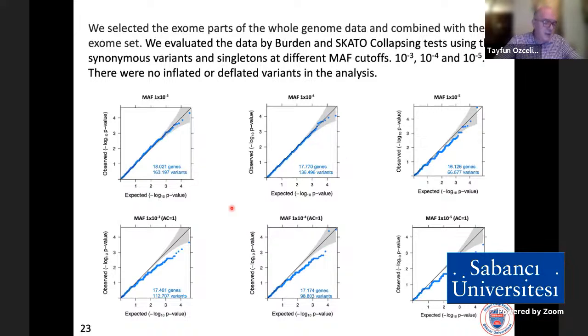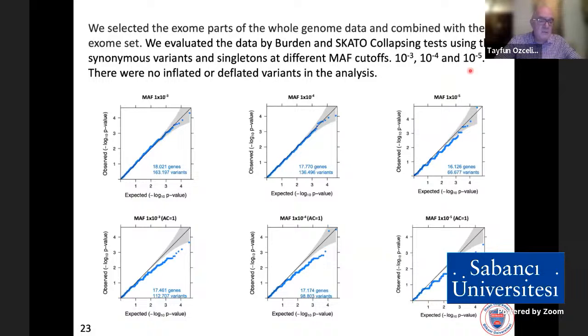So we selected the exome parts of the whole genome data, combined them with the exome set, and evaluated the data by burden and scatter collapsing tests using the synonymous variants and singletons at different minor allele frequency cutoffs: 10 to the minus 3, 10 to the minus 4, and 10 to the minus 5.